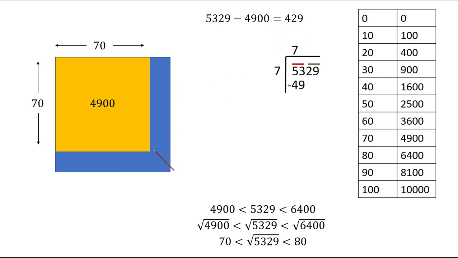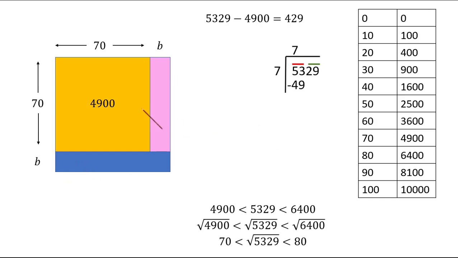So the area of this remaining blue part is 429, because this entire area was 5329. We took away the yellow part, which is 4900, and so the remaining portion is 429. So let us say that the remaining length is b units.